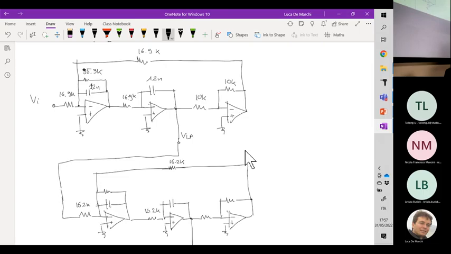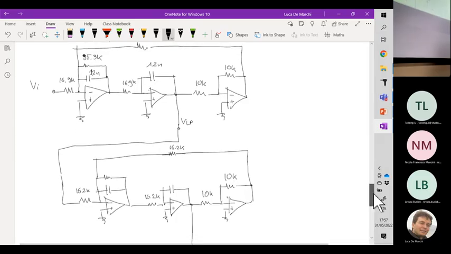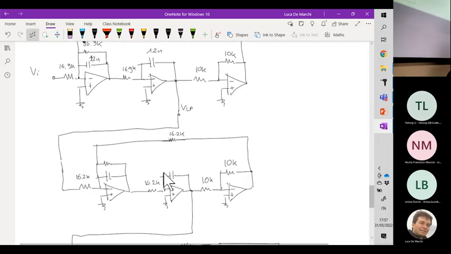So if you have a bunch of 10 kilo resistors, you can use that. The only thing you need is that this guy is equal to this one. So 10 kilo, 10 kilo. Then the capacitance is 1.5 nanofarad for this and 1.5 nanofarad for this one.